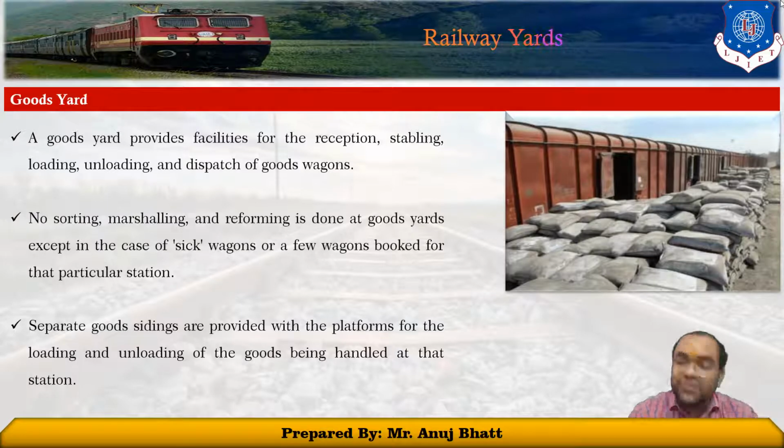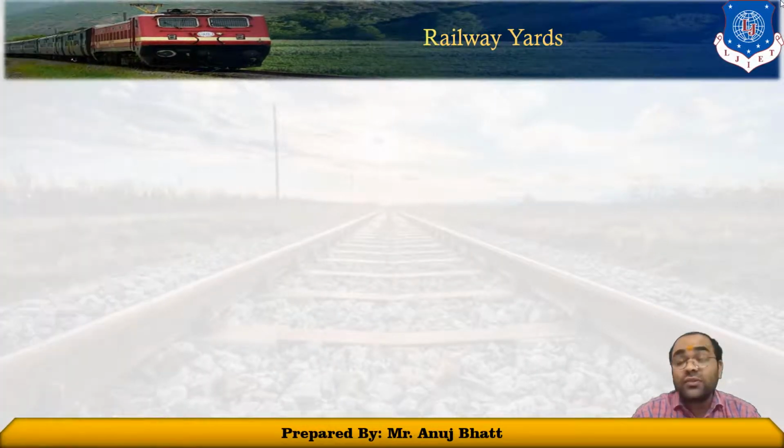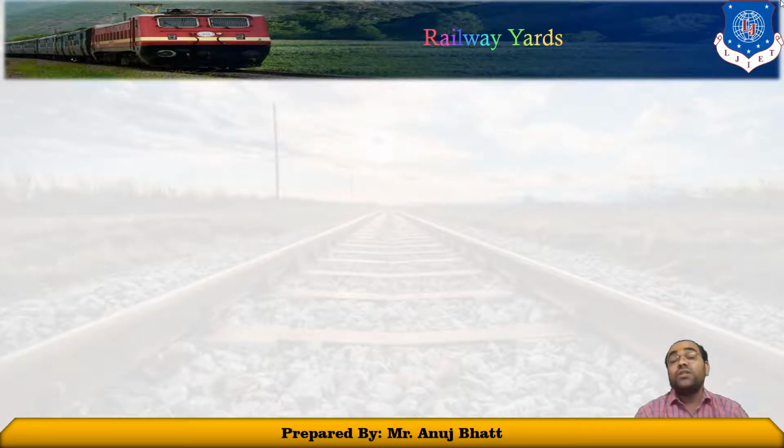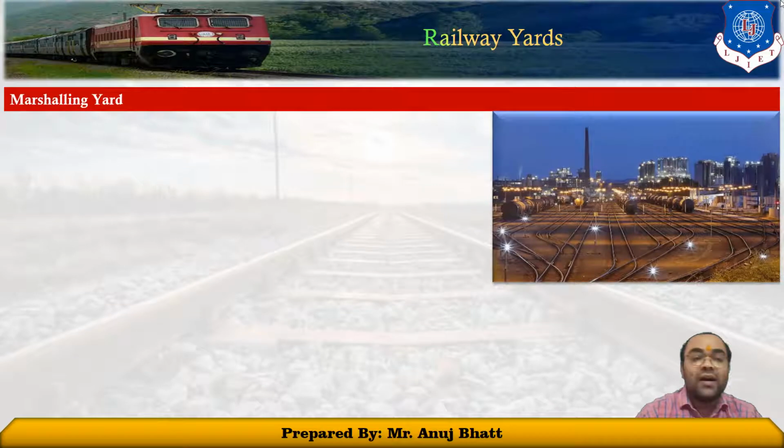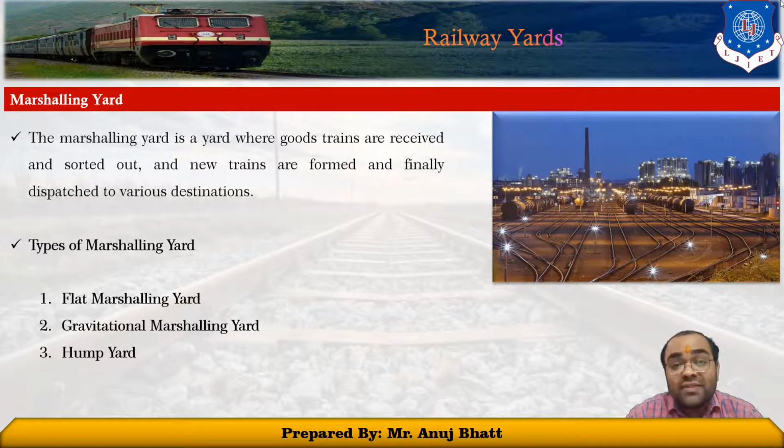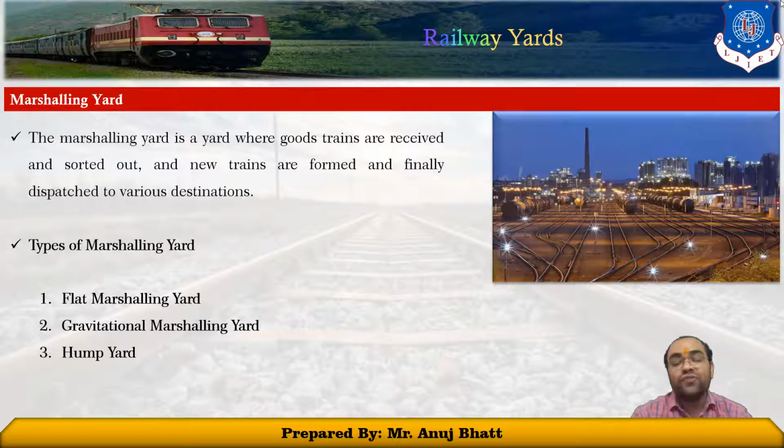Separate goods sidings are provided with platforms for the loading and unloading of the goods handled at that particular station. Now talking about the third type, and the most important type of yard, the marshalling yard. A marshalling yard is a yard where goods trains are received and sorted out, and new trains are formed and finally dispatched to various destinations.